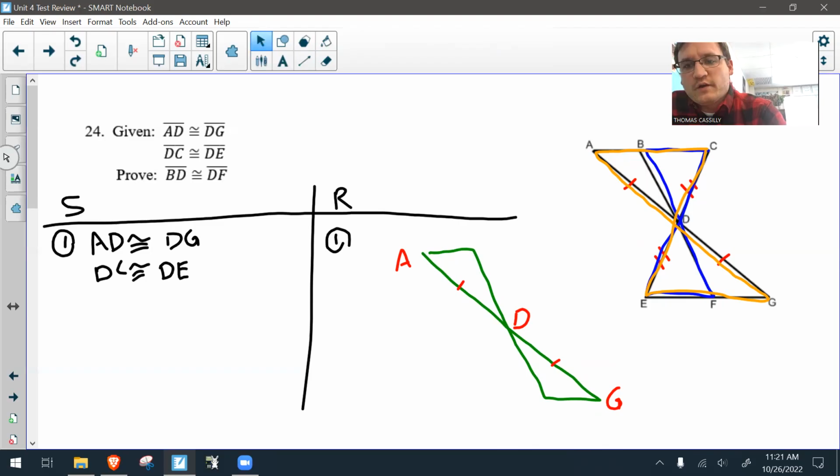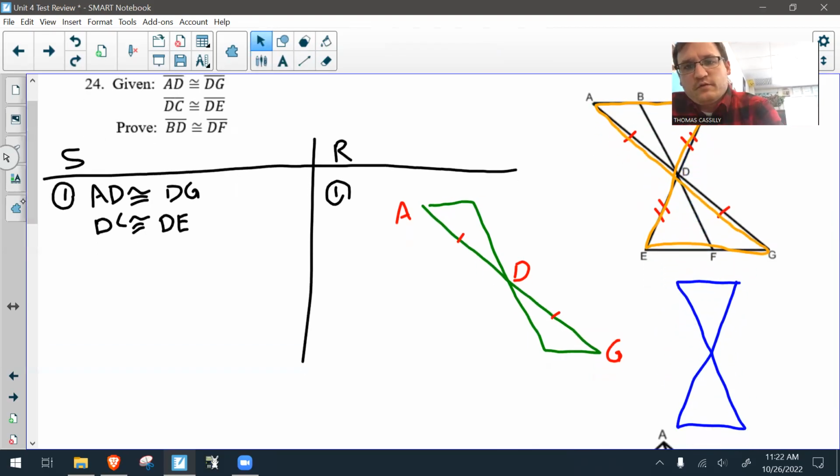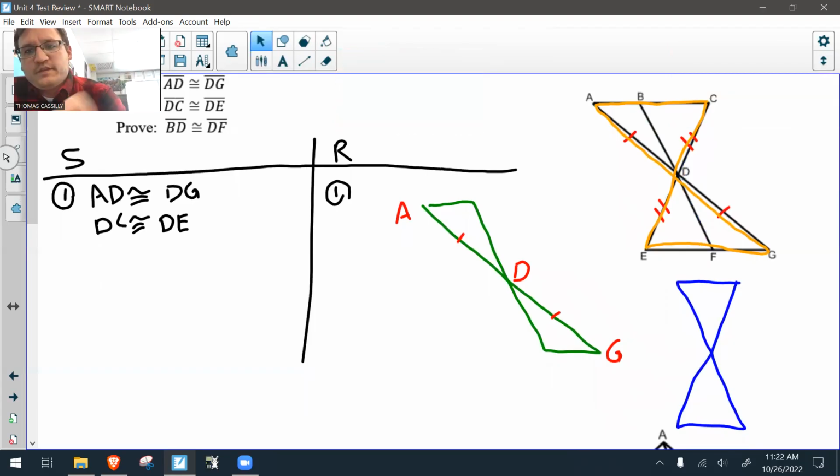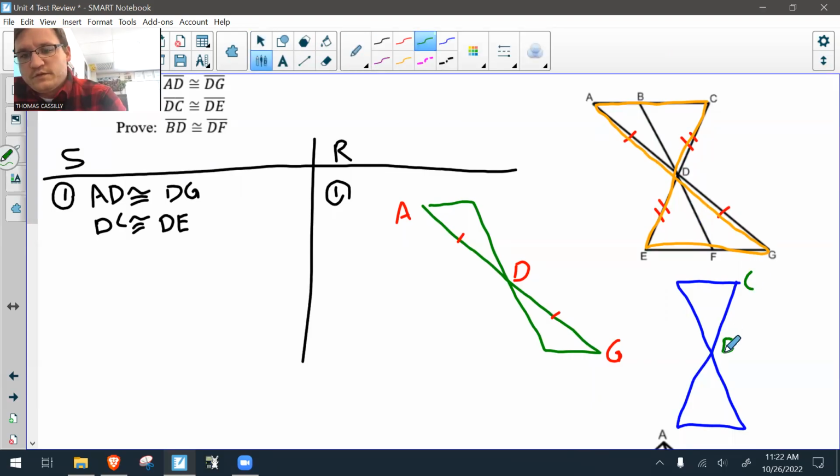If we look at the blue triangle, we are going to have CD is congruent to DE. All right, so now that's only one thing from each triangle. Now notice how we can say all of these do have vertical angles, and we are going to use that fact later on.